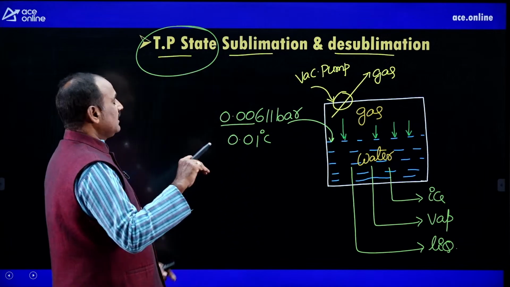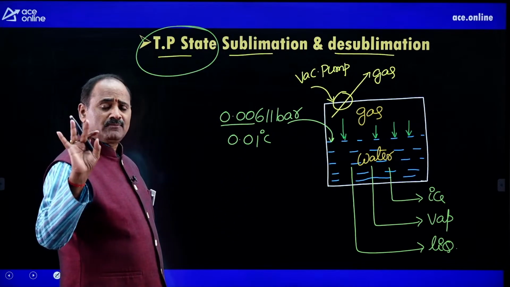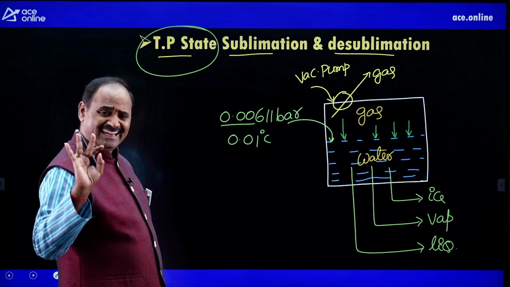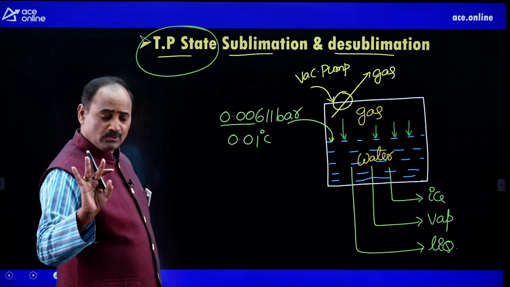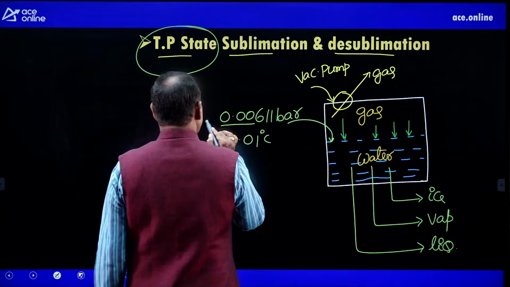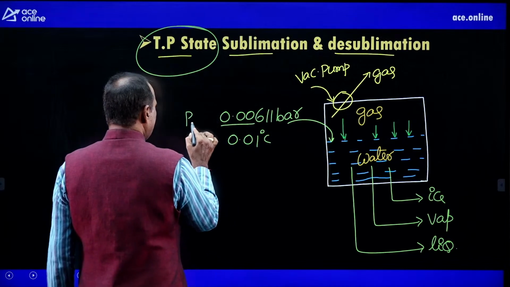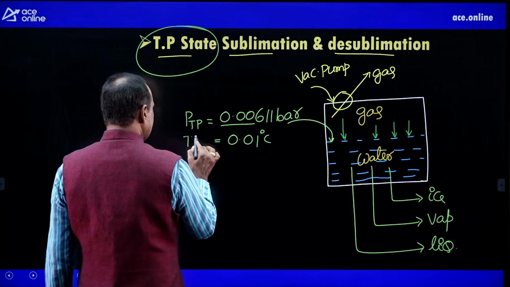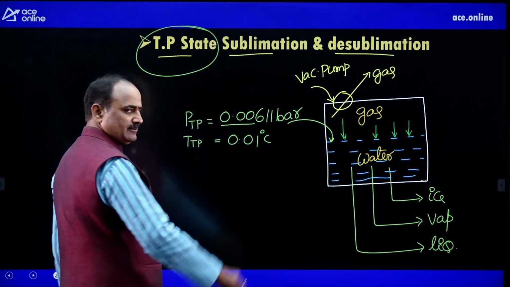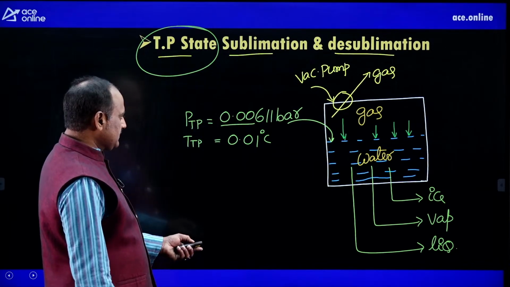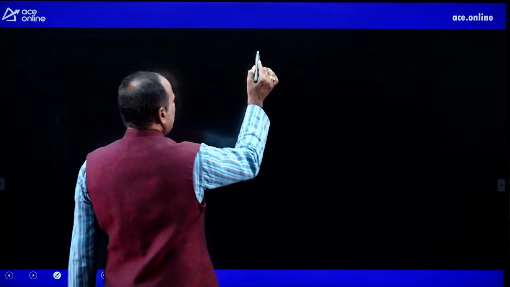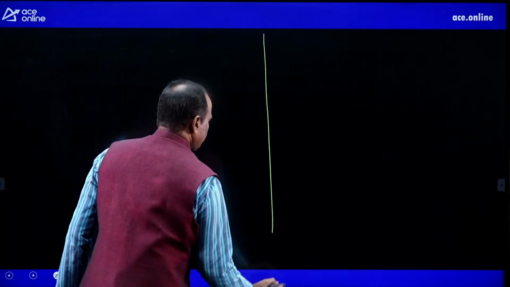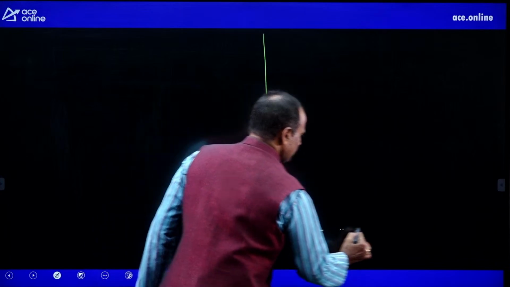That is the reason the triple point state is the best example for thermodynamic equilibrium state. Okay, this particular pressure you can call triple point pressure, and this particular temperature triple point temperature.